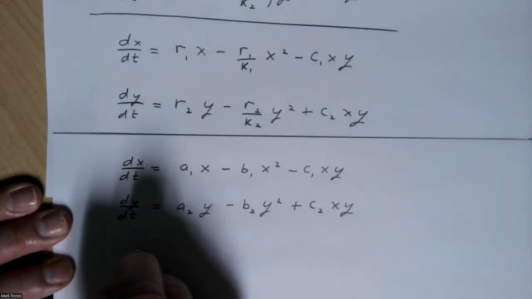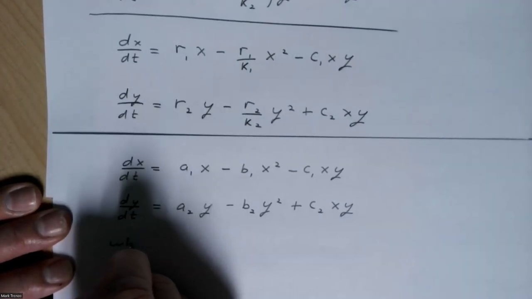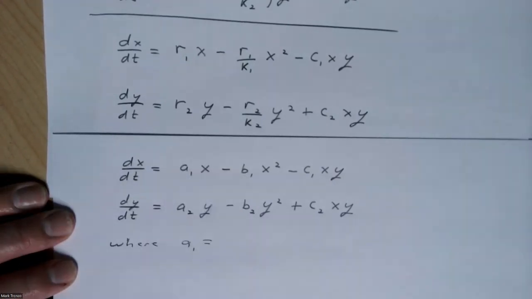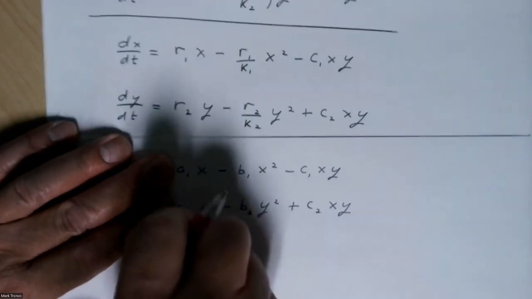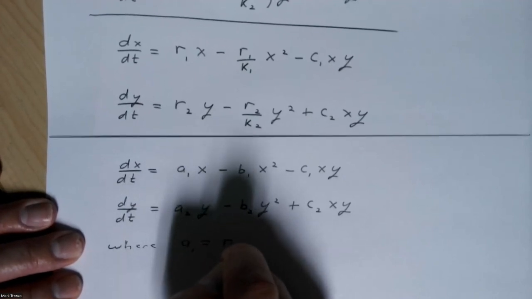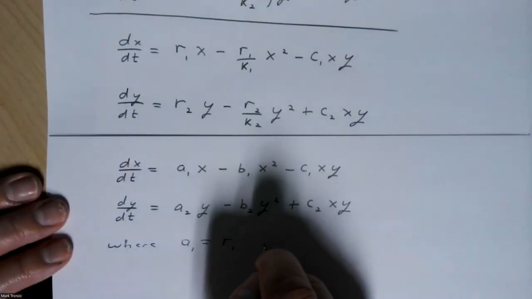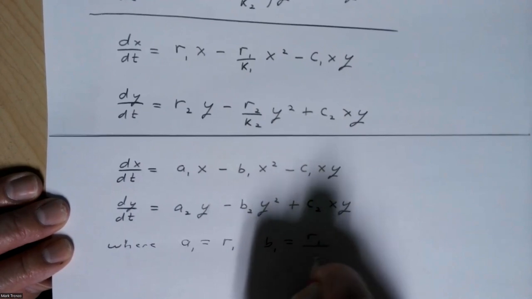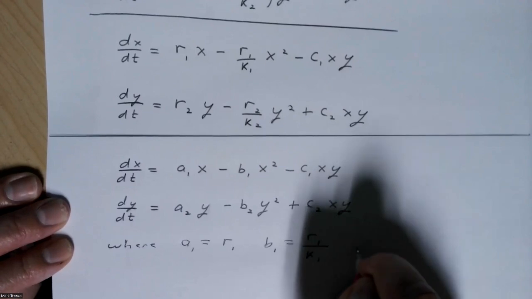And so we're here, where A1 is equal to R1. Now, again, you don't have to do this. I'm just kind of simplifying these constants. And then B1 is equal to R1 over the carrying capacity. Remember, this is the maximum amount of animals.